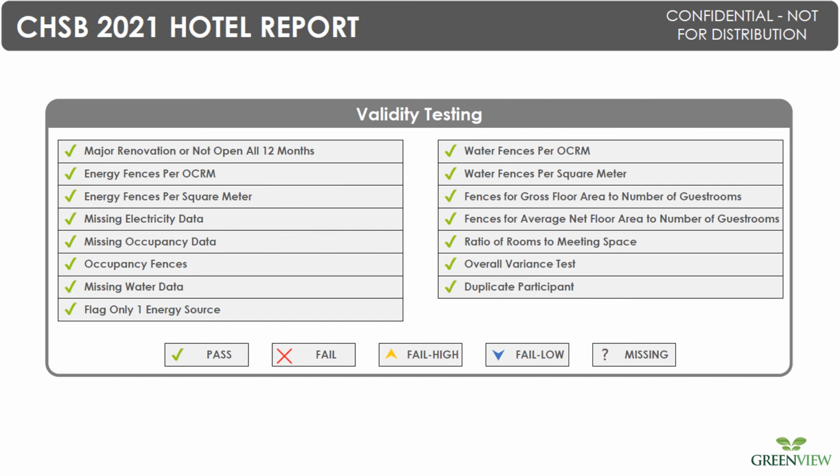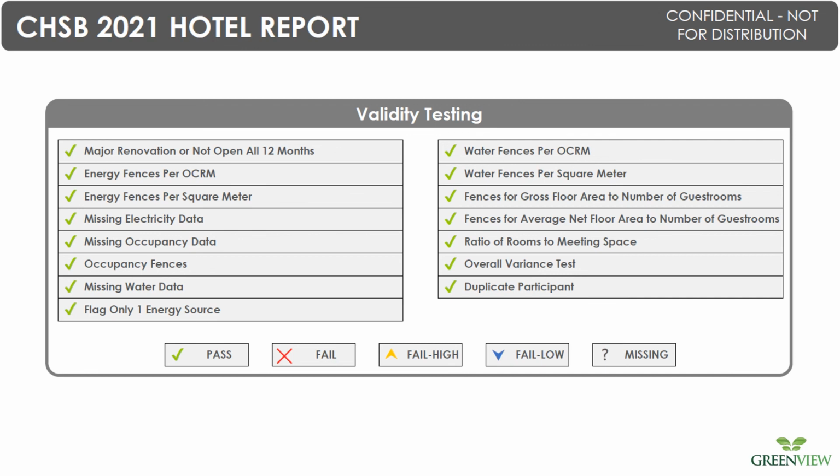The validity tests are done in a way that if a certain validity test fails, it will then trigger a not benchmarked status in the comparative performance. This is to ensure that only reliable and valid datasets are being used for benchmarking. For example, if it does not pass the validity test for the floor area, the energy and water intensity per square meter will not be generated, as there is a risk it is not correct.